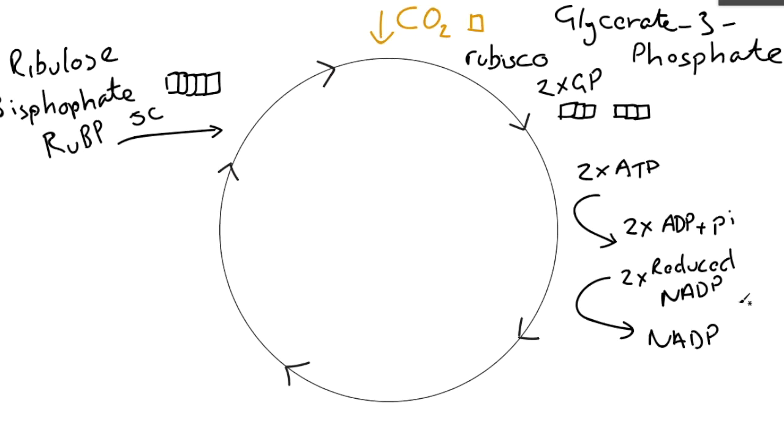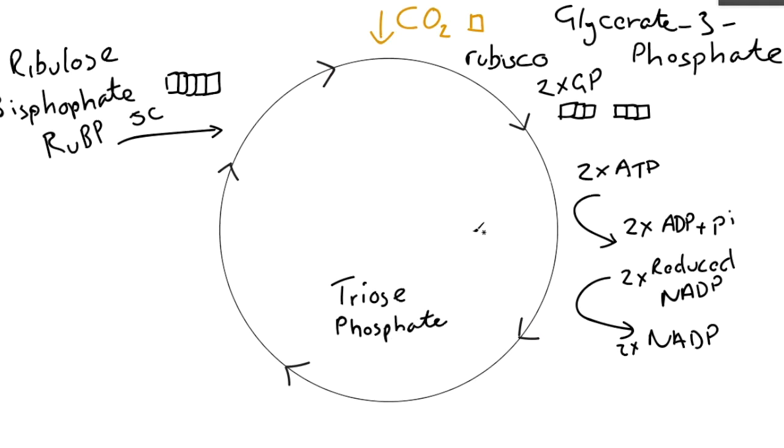These two little reactions transform this glycerate 3-phosphate molecule into, I'll write it in here, triose phosphate, which is known as TP.